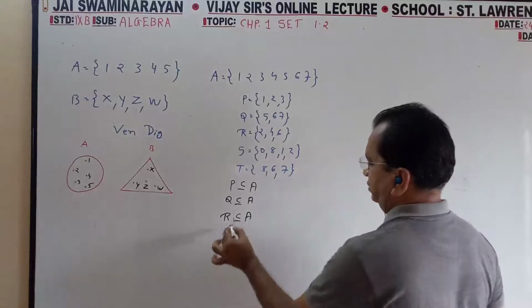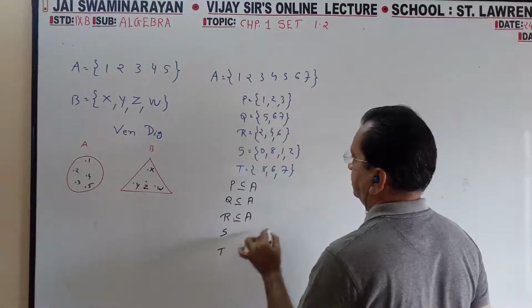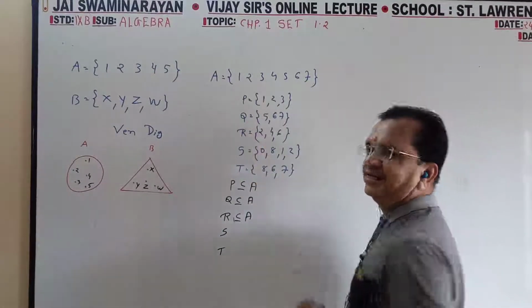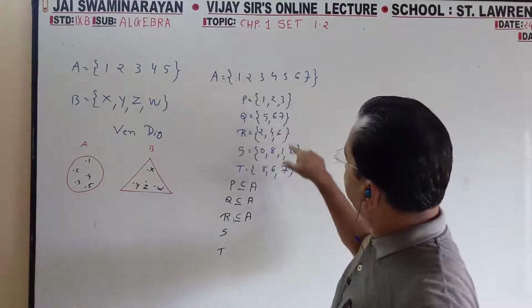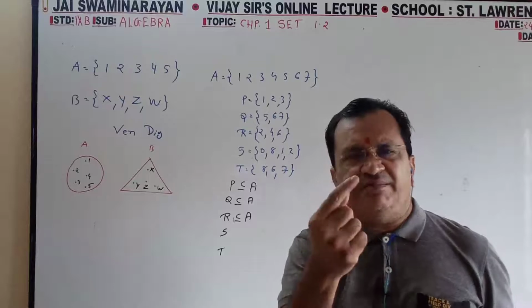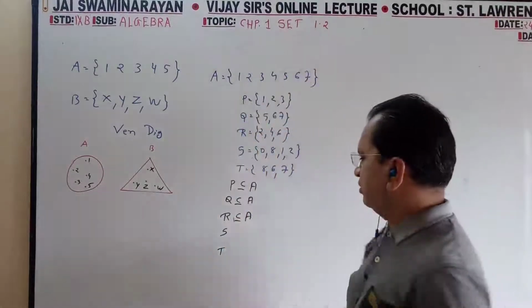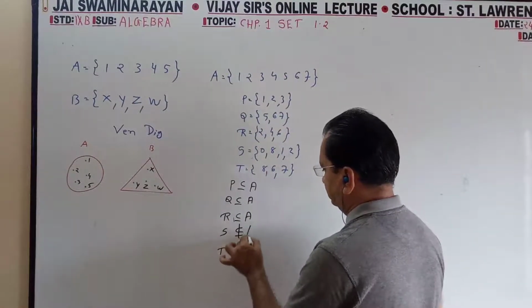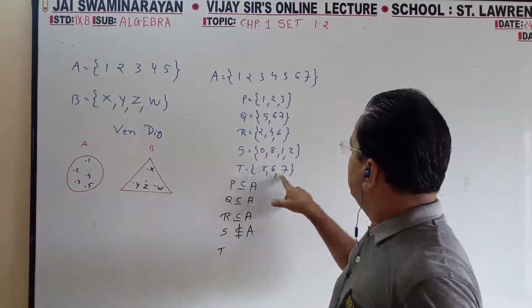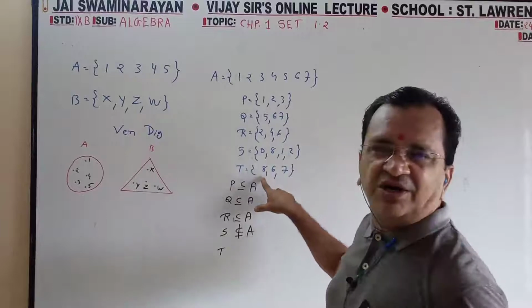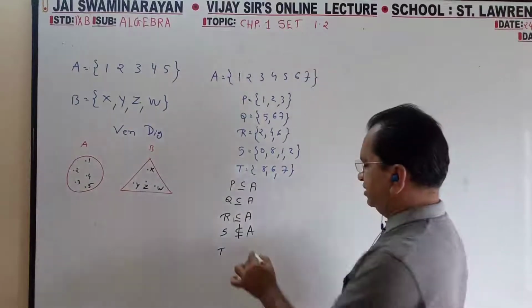Now S and T. In S, 0 is not there. Even a single 8 is also not there. 1 is there, 2 is there, but a single element is not there. Not a subset. Simple. Each and every element should be present. In T, 7 present, 6 present, but 8 not present in A. That is why it is not a subset.